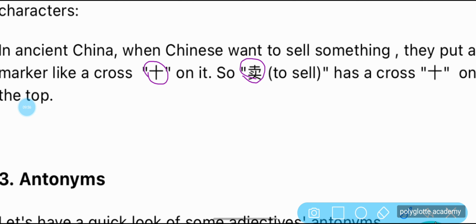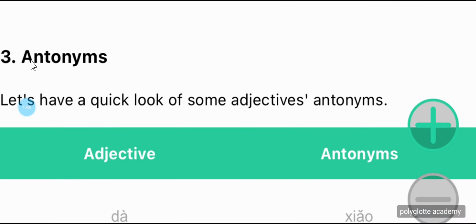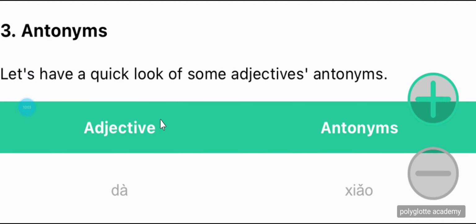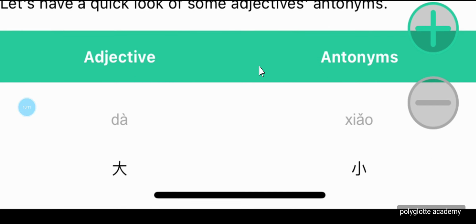So the third point we are going to see on the animals is antonyms. So the next point is antonyms. Let's have a quick look at some adjectives, antonyms. So let's go ahead.